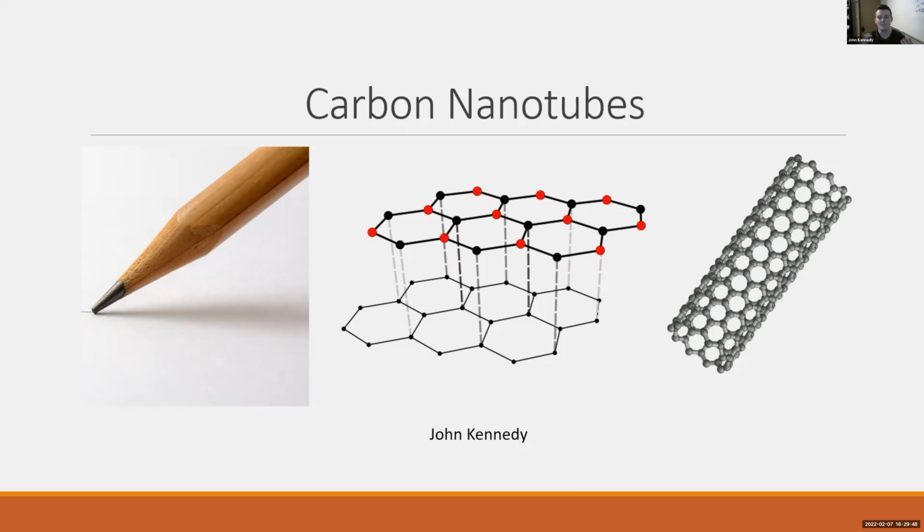So if you're able to isolate one of these sheets and fold it up, that's turning a graphite sheet into a carbon nanotube. One aspect of the complexity is that just like you have infinitely many ways to fold a piece of paper, there are nearly as many ways to fold up a carbon nanotube.